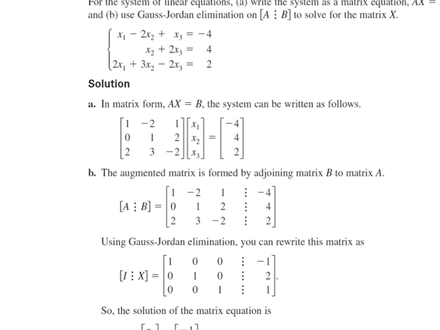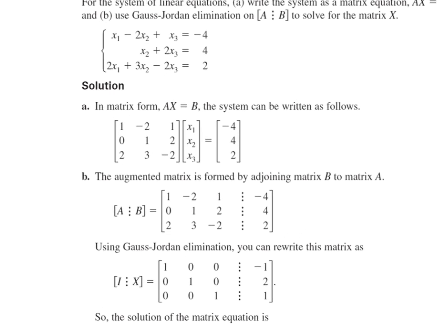So this is kind of what we were trying to get towards when you combine 8.1 and 8.2 together. I start up here with a system, and then I can write what's called the coefficient matrix. So here's all the coefficients. It's called matrix A. All the coefficients come from this side.